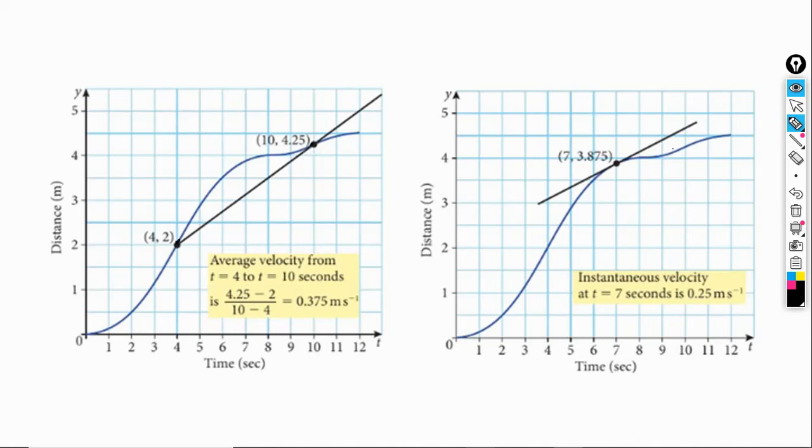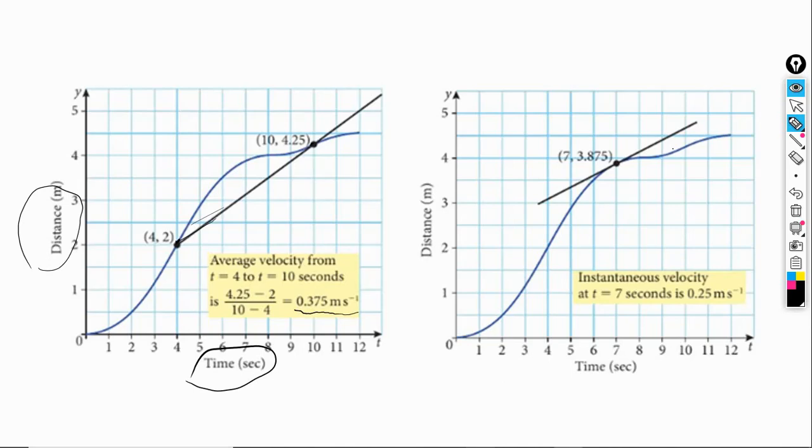Since this is a distance over time graph, the slope of this line that we see here going through those 2 points would represent an average velocity in that time interval. So from t equals 4 to t equals 10 seconds, you have an average velocity of 0.375 meters per second. So what calculus deals with is what we see here on the right.